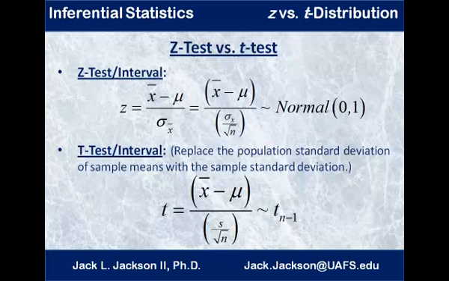And so with this formula, x bar minus mu over sigma of the x's divided by square root of n, when you find that z-score, remember they're going to be distributed normally with a standard normal, that is a normal with mean 0 and standard deviation 1. All we really do in a t-test and a t-interval is we replace the sigma of the x's by s. And what is s?